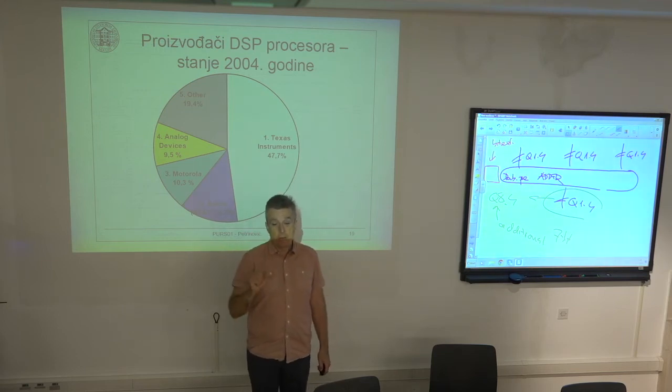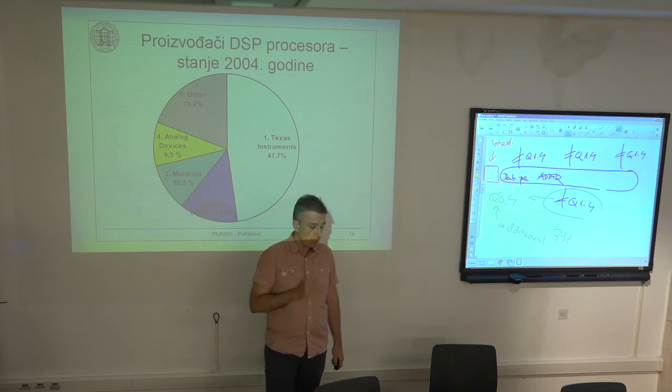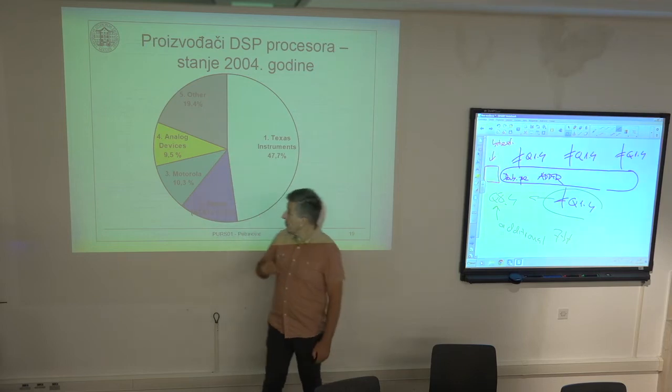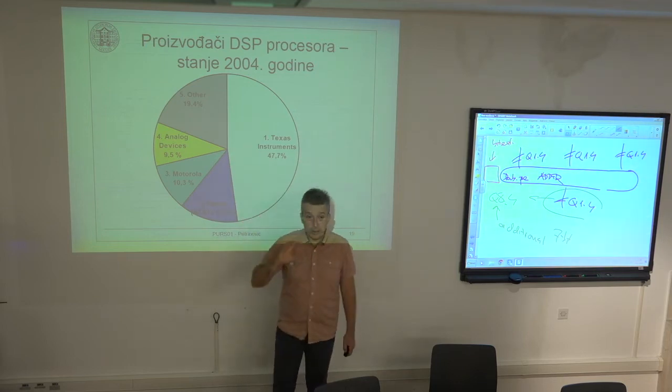So the signal that is used to read this value is then processed using DSP to actually decode the written value on the magnetic surface. And that is the reason why DSPs were used in mechanical hard disks.